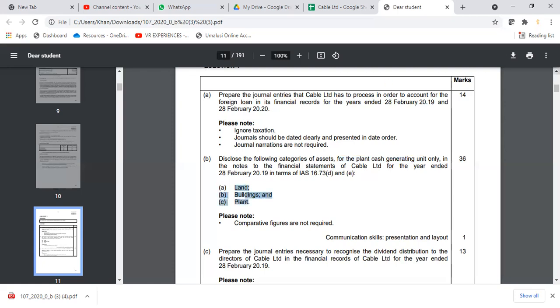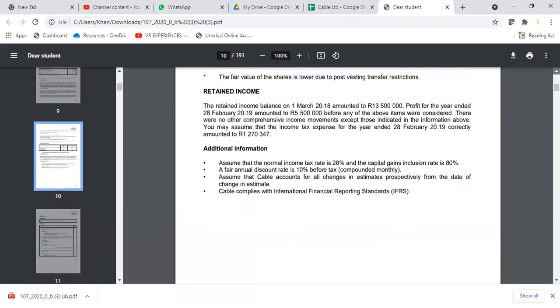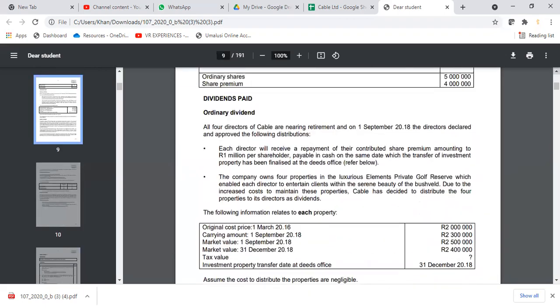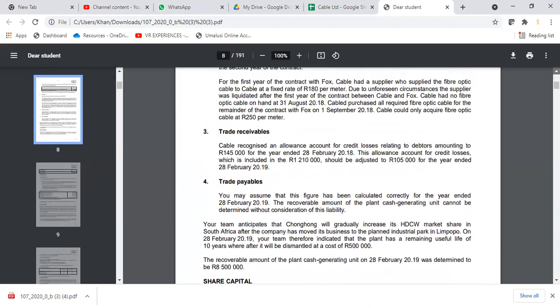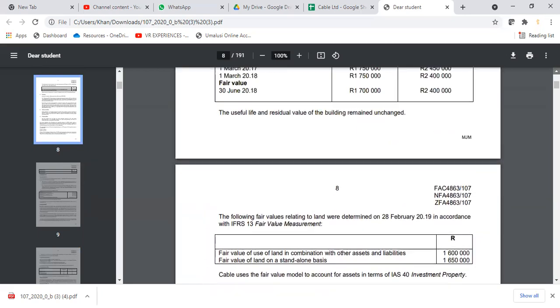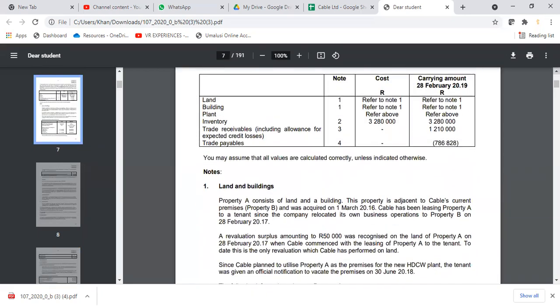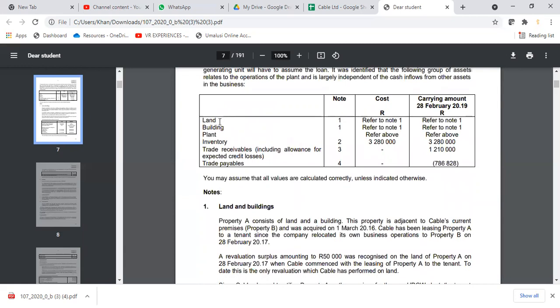Because take note, the assets in the plant cash generating unit are land, buildings, plant, inventory, and trade receivables. These are all assets, but they only asked us for these 3 assets.